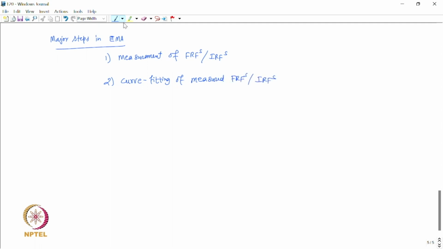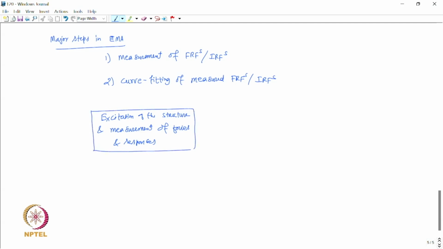We can also represent this process by a block diagram. So we have excitation of the structure, and measurement of forces and responses. That constitutes the first step. And what is the output of this activity?